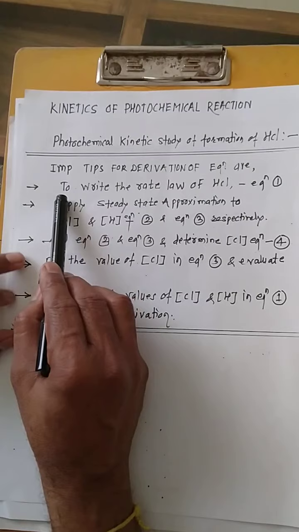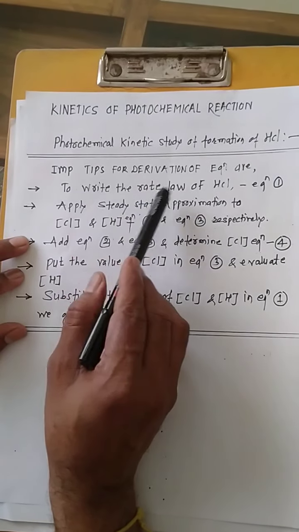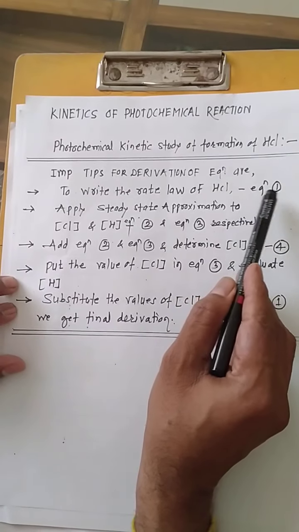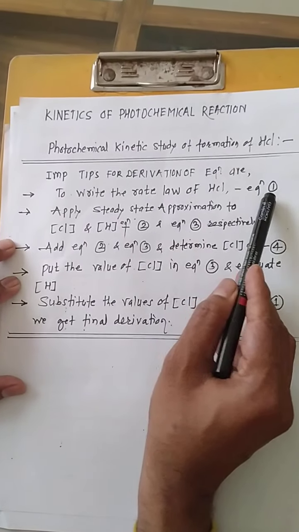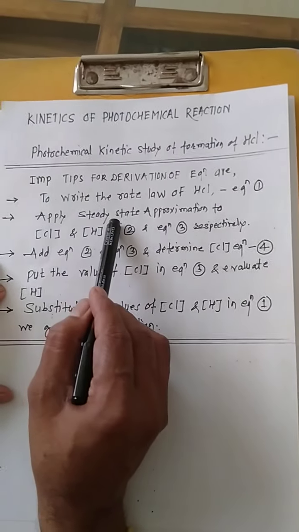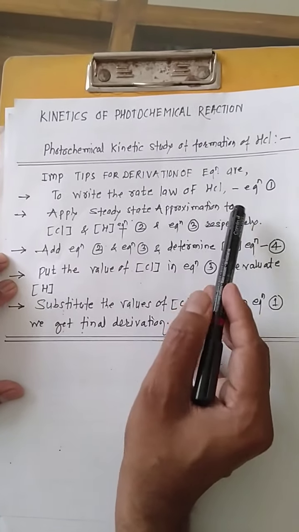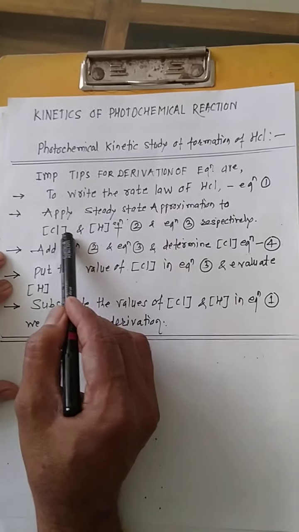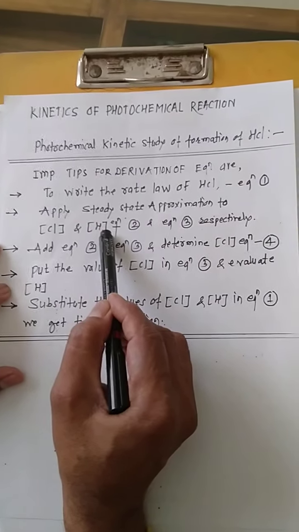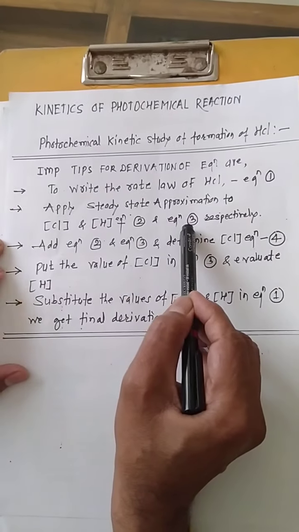First, you have to write the rate law of formation of HCl and label it as equation 1. Then you have to write applying steady state approximation to concentration of Cl and concentration of H, and label equation 2 and equation 3 respectively.